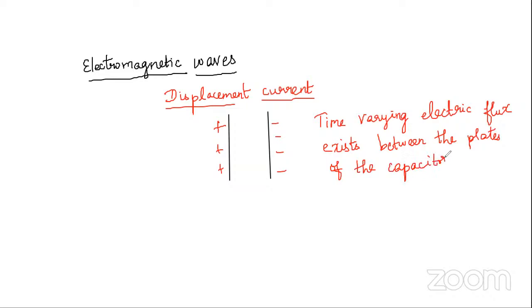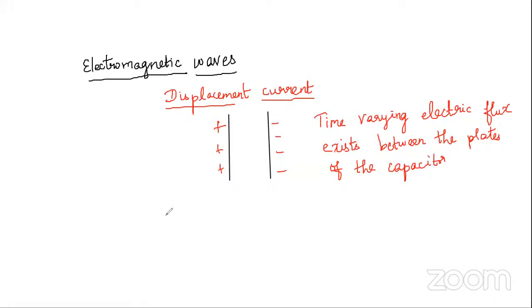Due to the time dependent electric flux, you get a current called displacement current flowing between the two plates of the capacitor. That current due to the time varying electric flux in the capacitor is called displacement current.